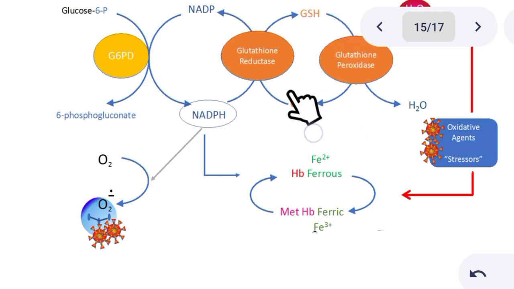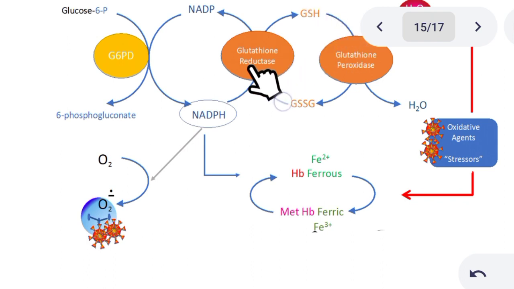Now, how is it going to be converted from its oxidized state to its reduced state? That's where NADPH is needed. Glutathione needs an electron, a hydrogen, to become like that. You can see here it doesn't have a hydrogen, and there it has a hydrogen, GSH. Where is that hydrogen coming from?